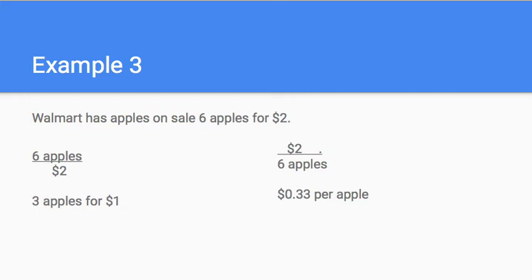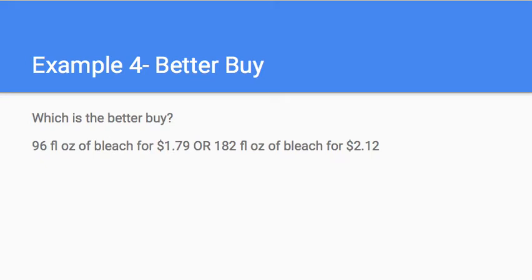Now we can use unit rates to find the better buy. And whenever I say better buy, what I mean by that is try to figure out which one do you pay less for. If you actually go through and look at prices in Walmart, and I believe Schnucks has this too. I don't know if Save-A-Lot does this. But I know I've definitely seen it at Walmart. I think I've seen it at Schnucks.